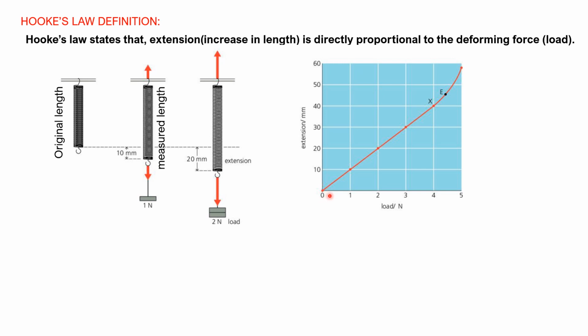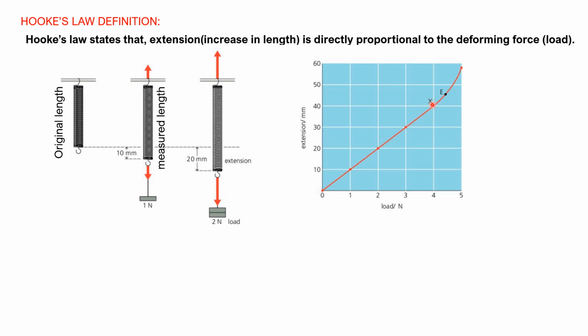From where to where does it obey Hooke's law? It means it is directly proportional: if 1 Newton load gives 10 mm extension, 2 Newton load gives 20, 3 Newton load gives 30. So this is directly proportional.